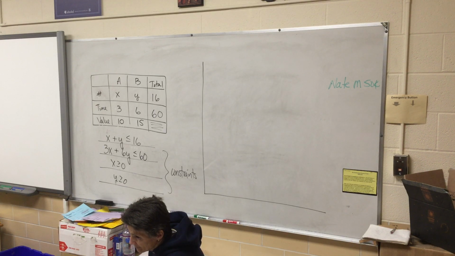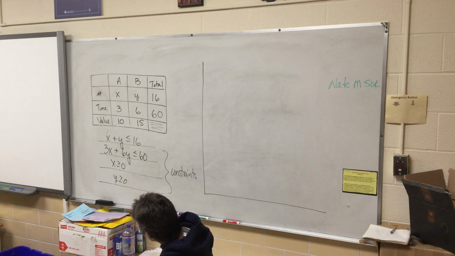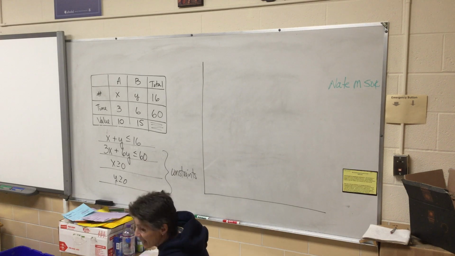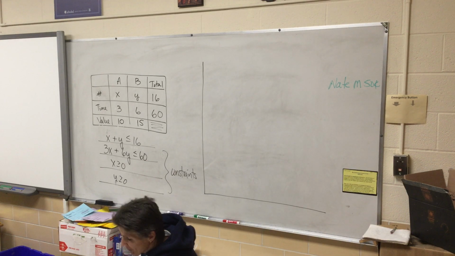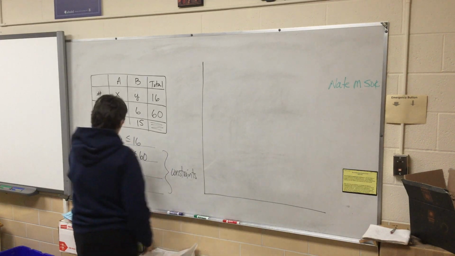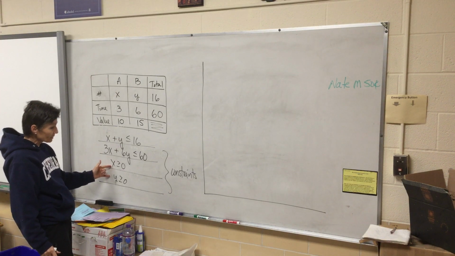Always. I can't think of a problem they're not, so I'm just going to say always. So those are your constraints. That's it. So if I have too many lines listed, don't panic. I took everything straight from the table, and then these are kind of the automatics right here.